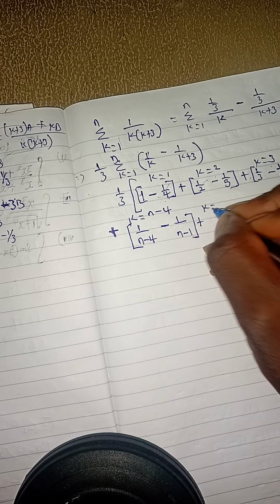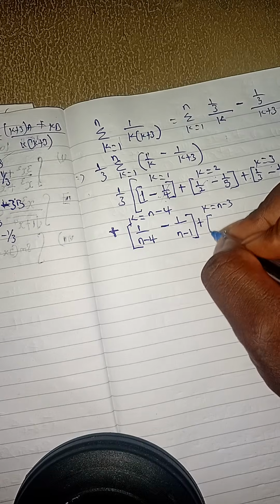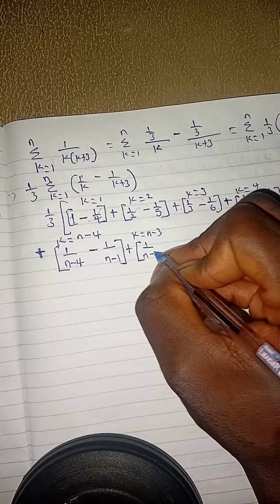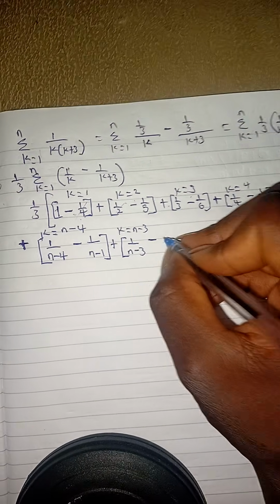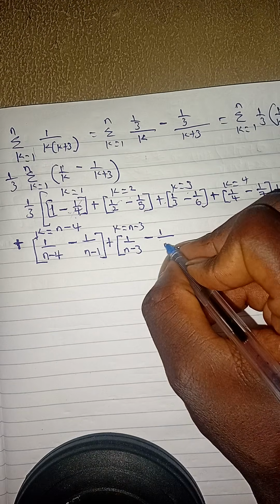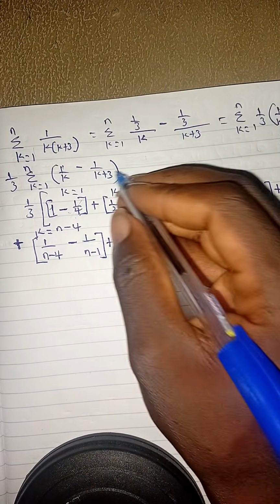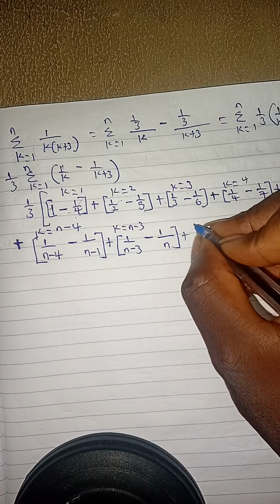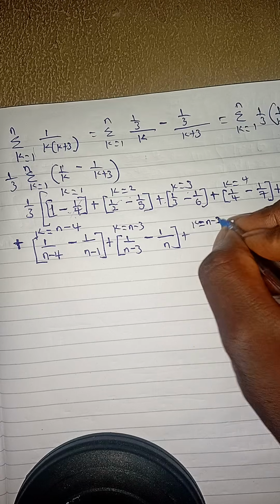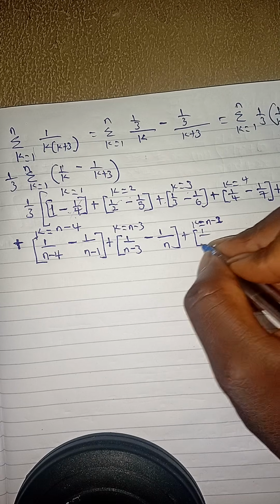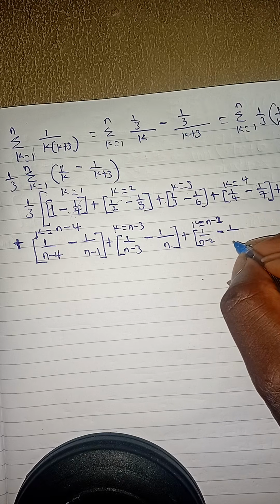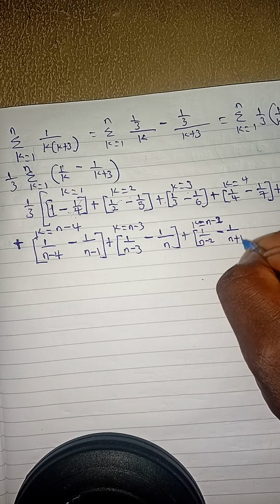Plus, when k equals n minus 3, what do I have? I have 1 over n minus 3 minus 1 over n minus 3 plus 3, which is 1 over n. Plus, when k equals n minus 2, what do I have? 1 over n minus 2 minus 1 over n plus 1.